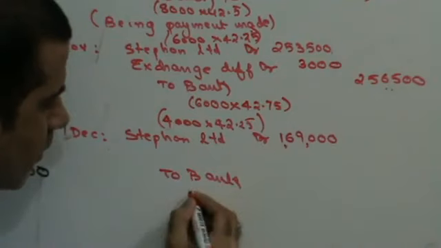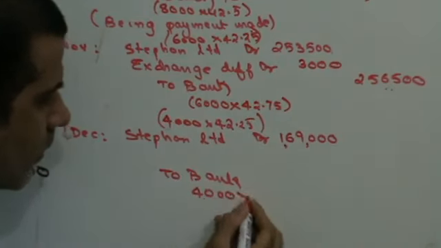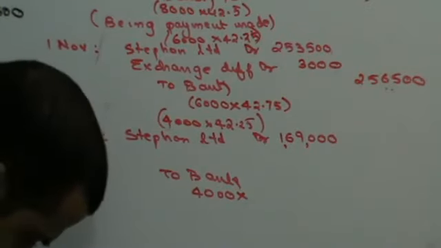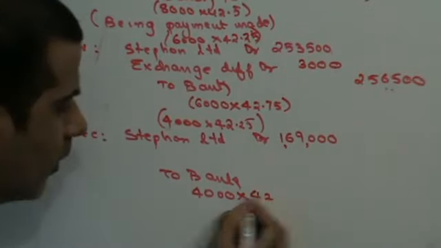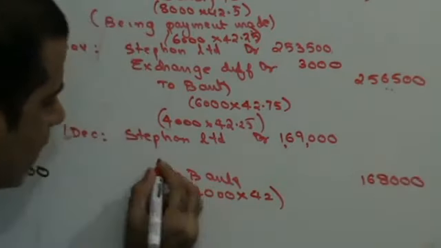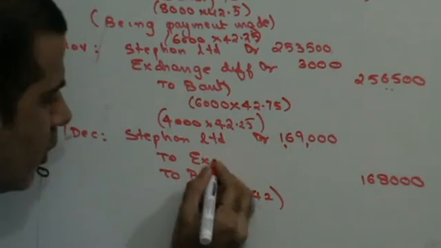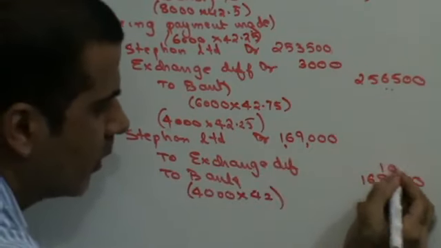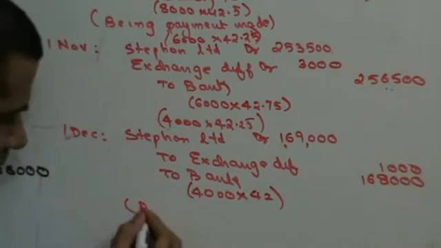The rate on 1st December is 42, so 1,68,000. The difference will be called exchange difference, 1,000, being payment made.